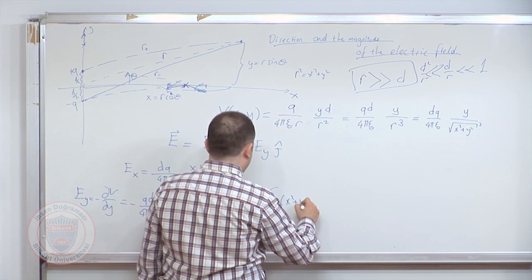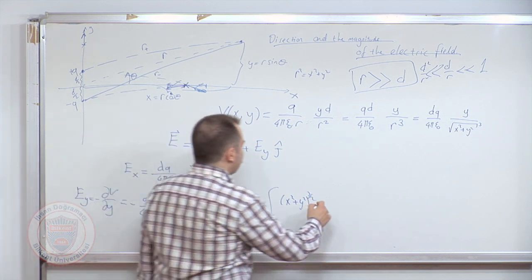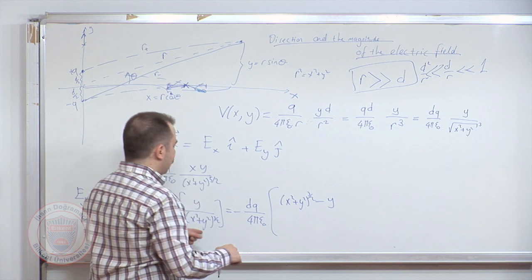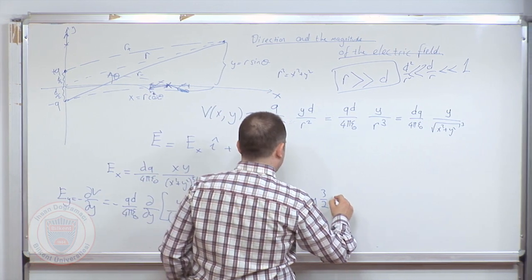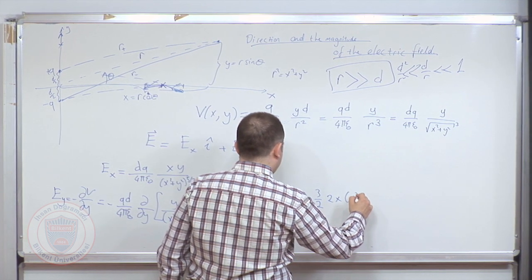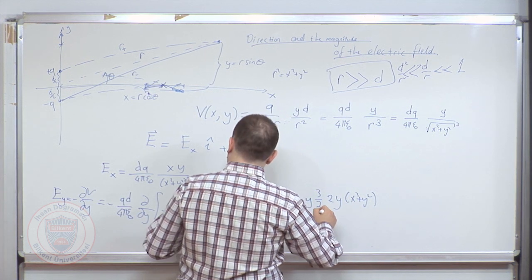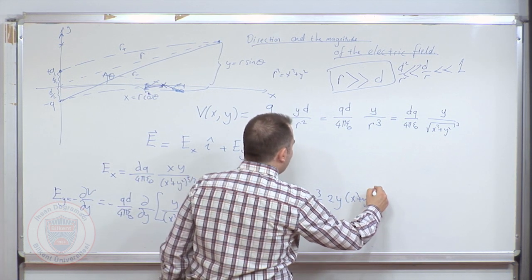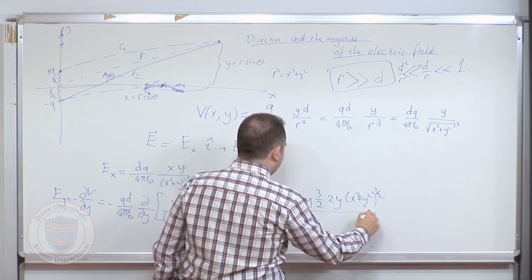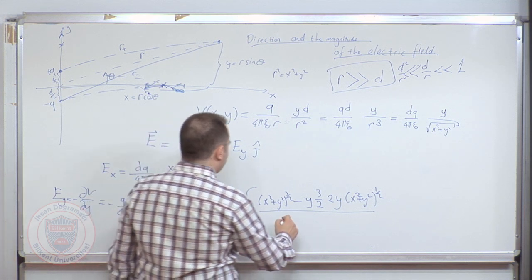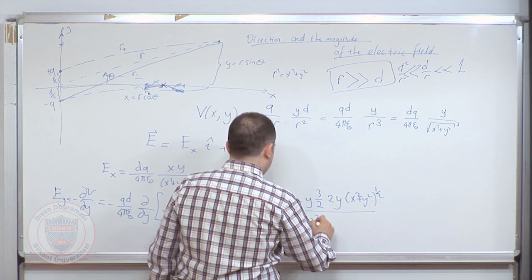So the denominator is x squared plus y squared to the 3/2 minus y times derivative of the denominator, which is 3/2 times 2y times x squared plus y squared to 1/2, divided by the square of the denominator, x squared plus y squared to the 3rd power.